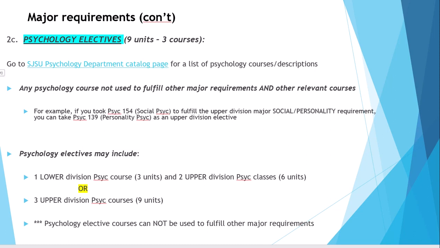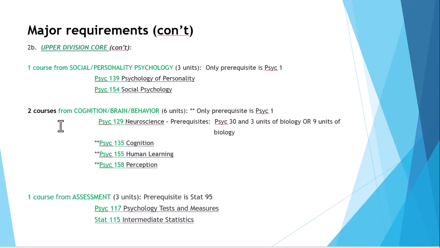Okay, let me give you another example. So let's go to this bin here. So here, remember I said that within the cognition, brain, and behavior bin, we're asking you to complete 2 courses. Okay, so let's just say that you decided that you wanted to take cognition and human learning to fulfill this particular requirement.